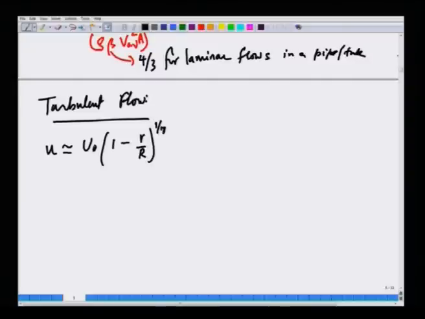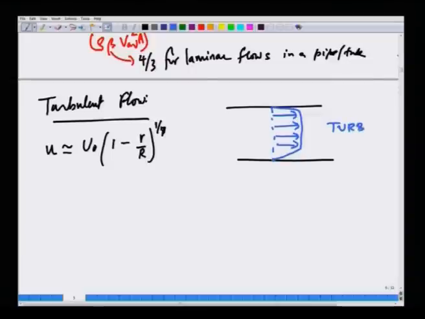Nonetheless, the velocity is a function of the radial coordinate, but if you qualitatively sketch this velocity profile, you will find that the velocity is more plug like. This is for turbulent flow. If you compare and contrast this side by side, the velocity profile for laminar flow was like this.